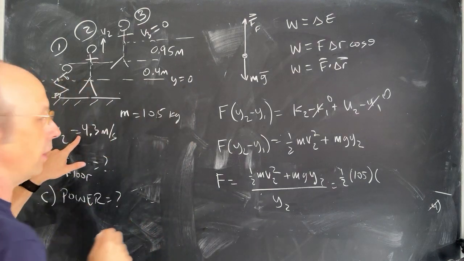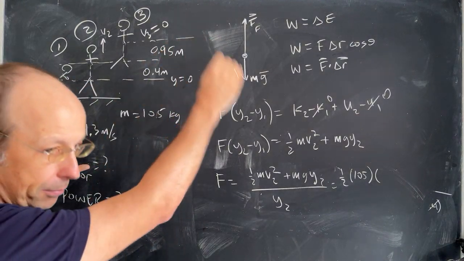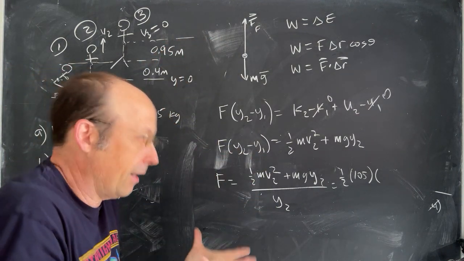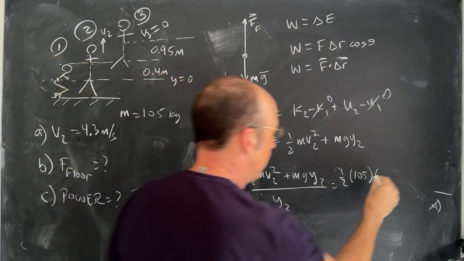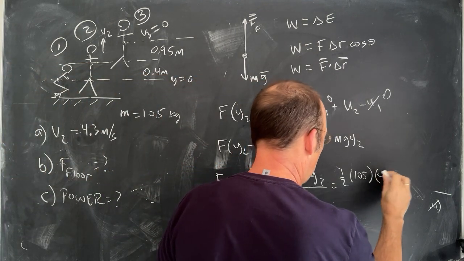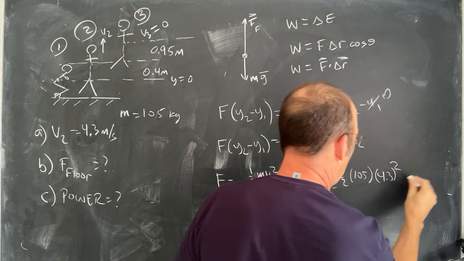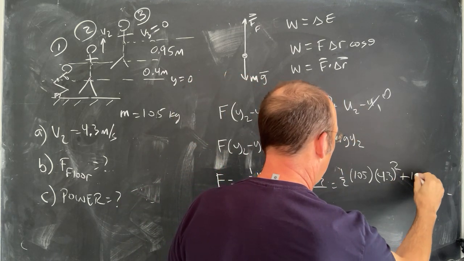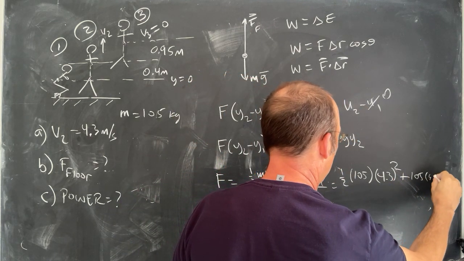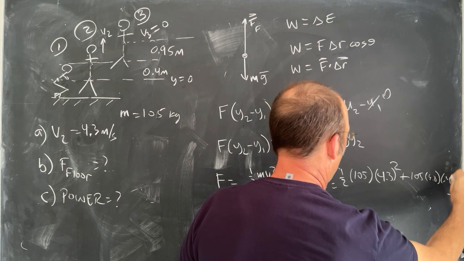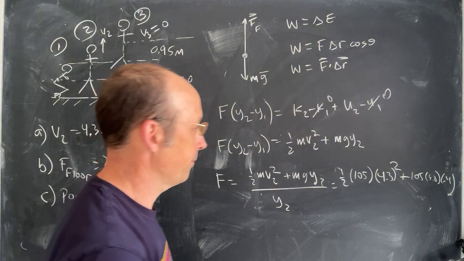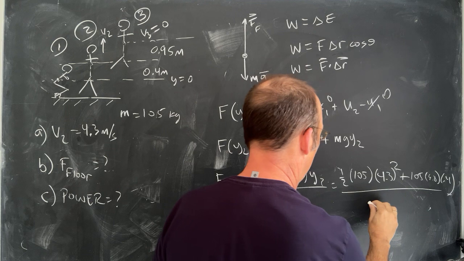I'm going to use this velocity, 4.3 meters per second, squared. You could have put it in as an expression, but I'm just doing it the way most people think. They like to think with numbers. And then I have plus 105, 9.8, 0.4, and all of this divided by 0.4.